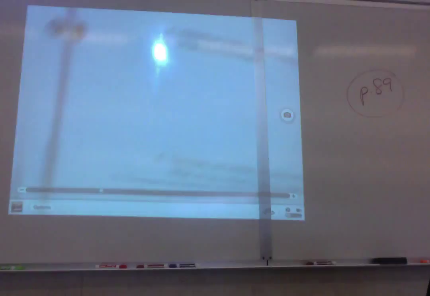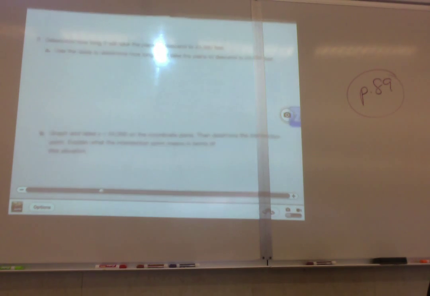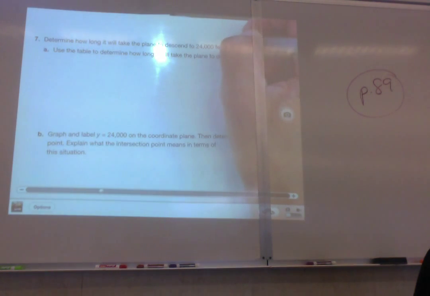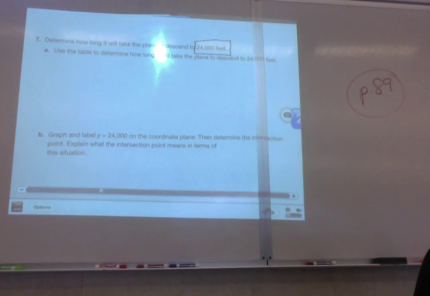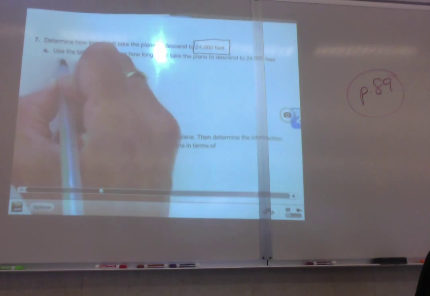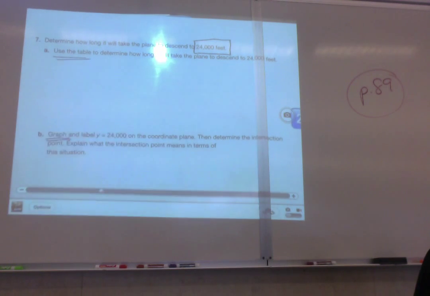Okay. Taking a look at number 7, top of page 91. Same thing. Just figure out how long it's going to take to descend to 24,000. So we have a new height. They want us to do it 3 ways. Use the table, use the graph, and use the function or substitution. You've seen it done once.